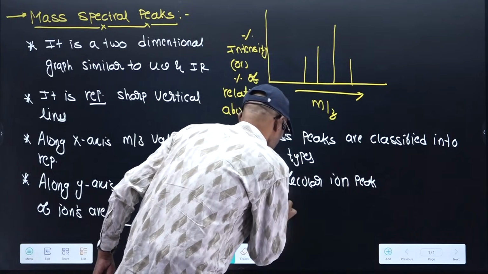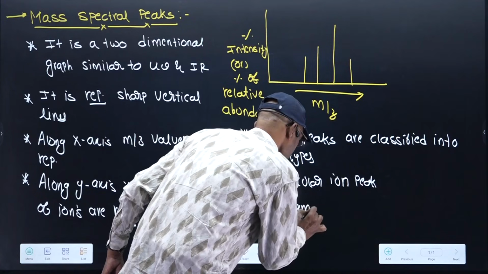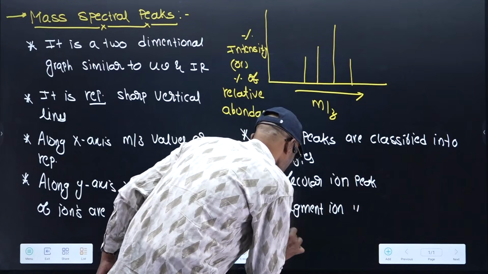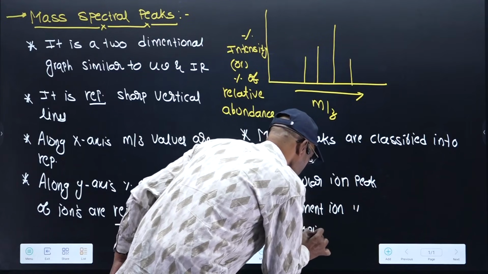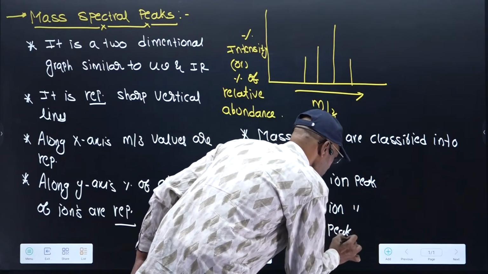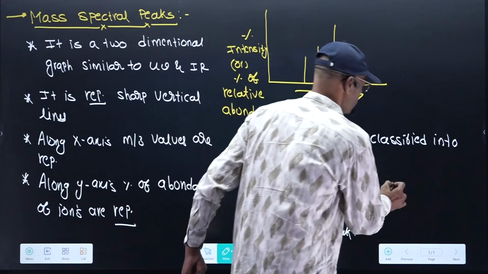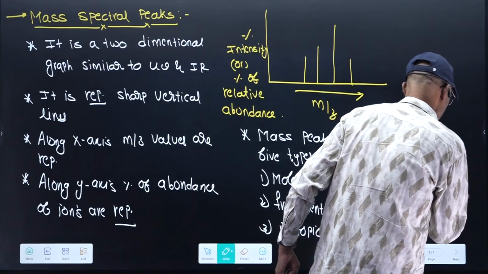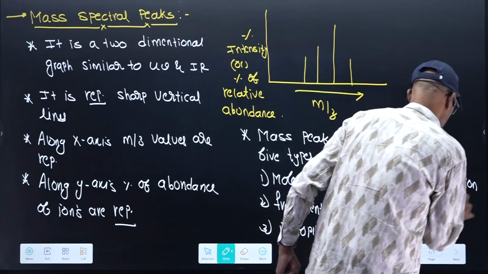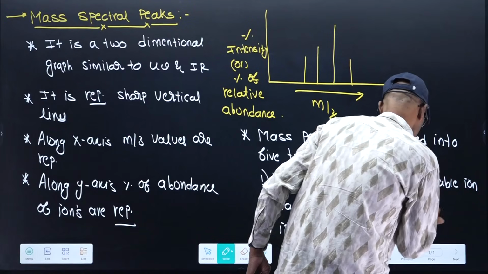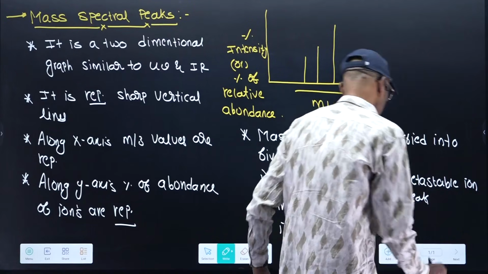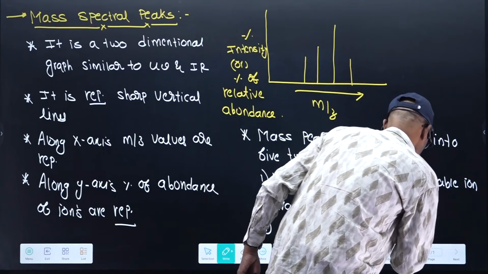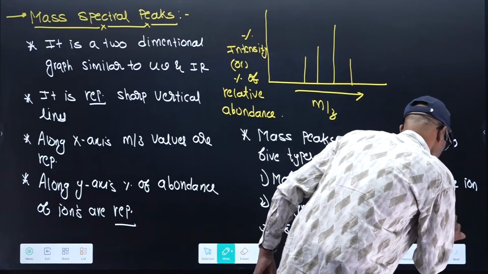Second one, fragment ion peak. Third one, isotopic peak. Fourth one, metastable ion peak. Last one, base peak. So these are the 5 types of peaks.